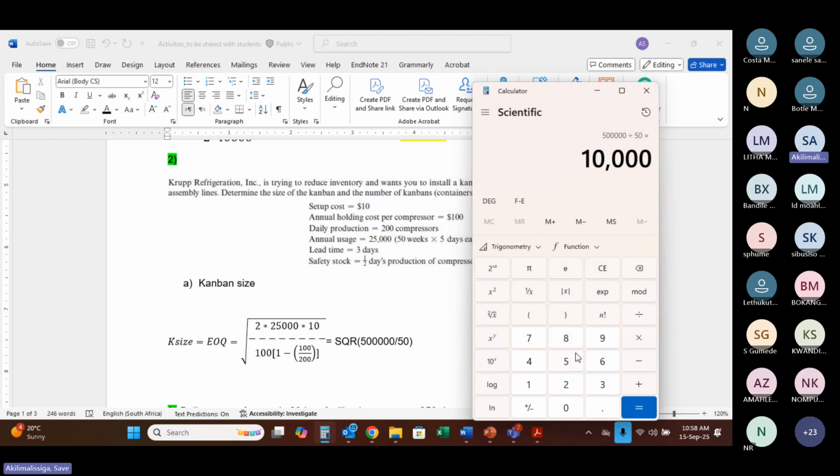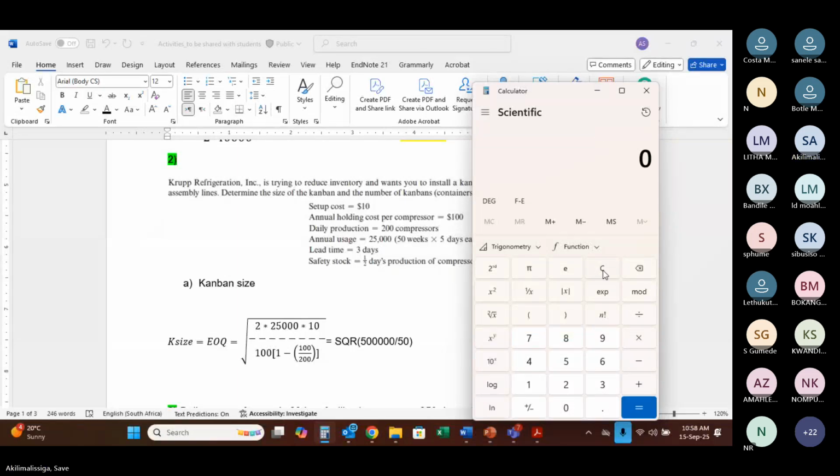You guys take your calculator. I think it should be something like, is it 10? Is it 50? Is it this one? Yeah, this one will work.